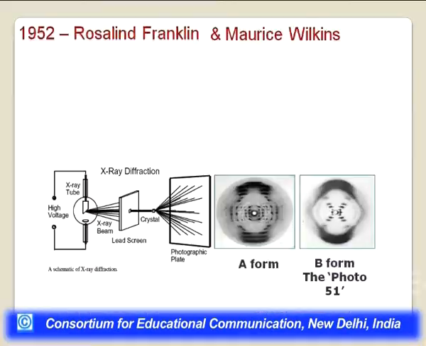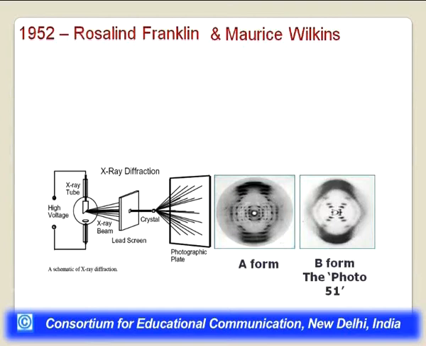Following this, in 1952, it was now established that DNA is the genetic material. So all the scientists now started focusing on elucidating the structure of the DNA, because DNA became the most important molecule in the cell.